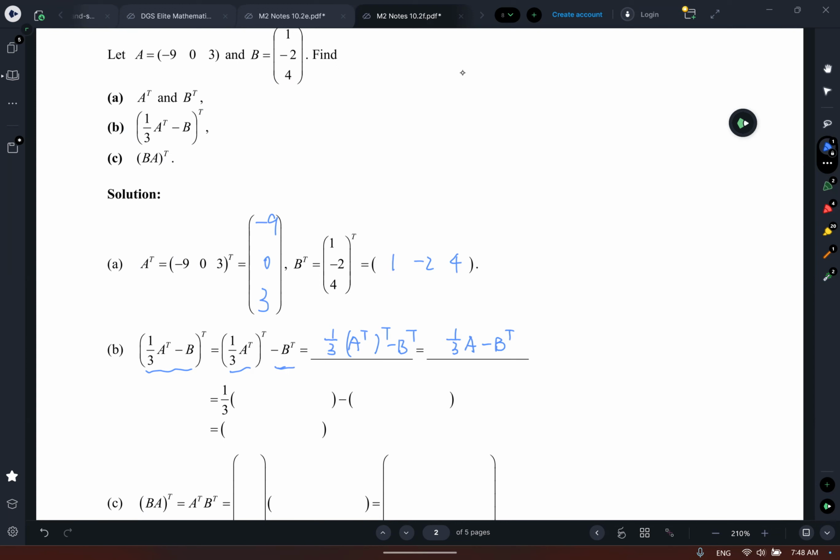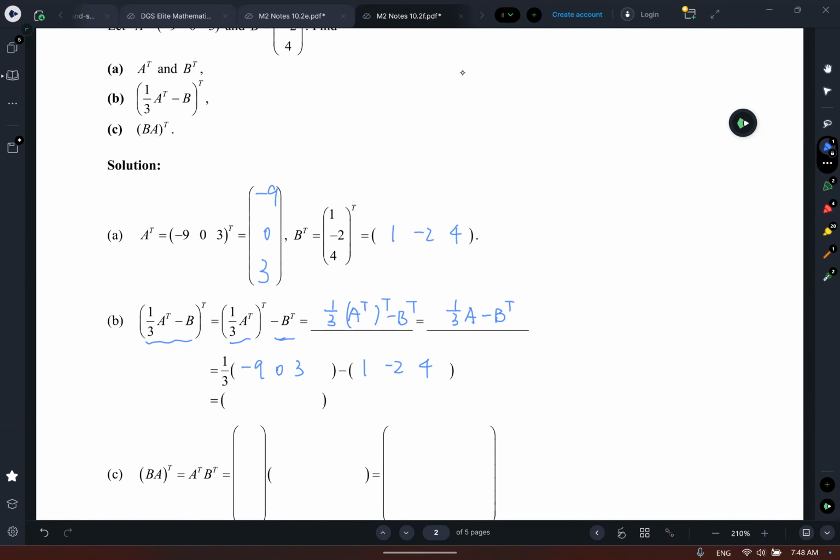Now I do the substitution because A transpose is just -9, 0, 3 and this one is 1, -2. And then I think it's simple now. You can have another step, which is -3, 0, 1, -1, -2, 4. And then you will get -4, 2, and -2. That's the answer.